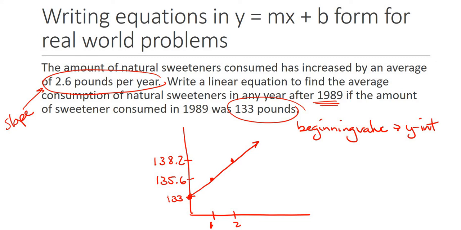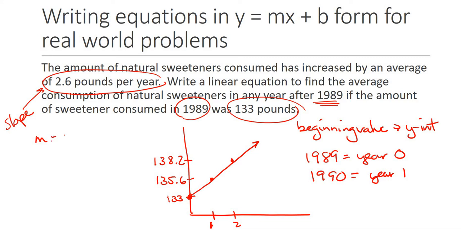So what I want to do is make this beginning year, 1989, equal year 0. So 1990 would be year 1, etc., etc. So my slope again is 2.6.